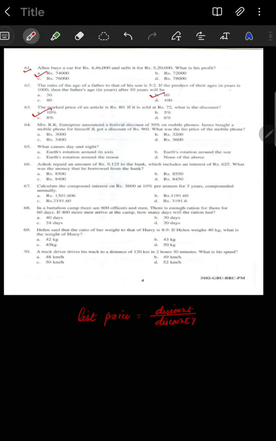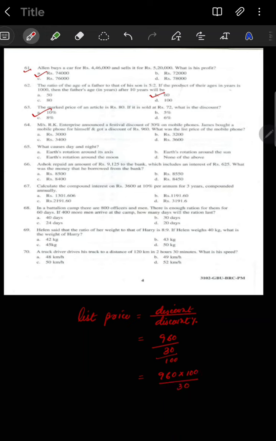So discount given is 960 rupees, and discount percent given is 30%. It means 30 by 100.